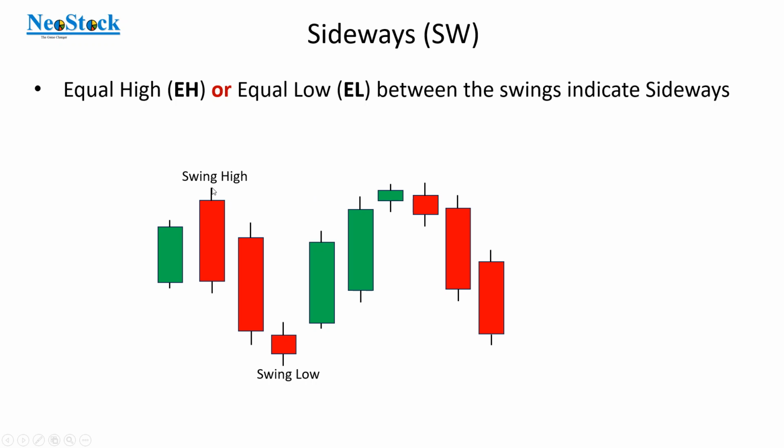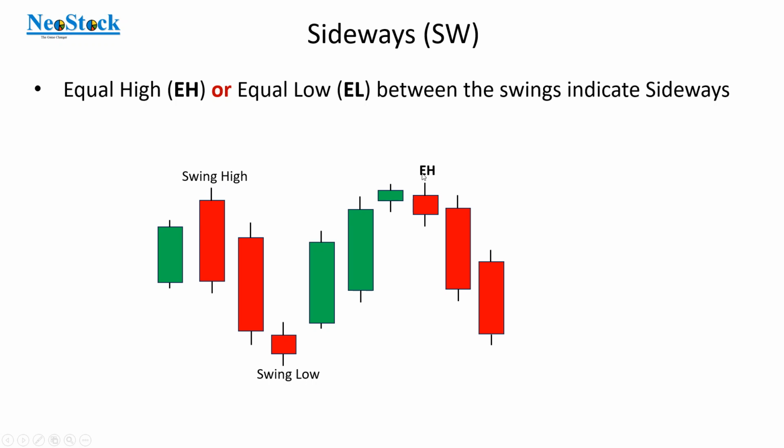So according to me, this swing high and this swing high are both equal. So I can call this an EH, equal high. If during your calculation you find either an equal high or an equal low, you need not worry about anything else. This is by default. The moment you identify an equal high, you can call it a sideways trend. Now the trend is sideways.